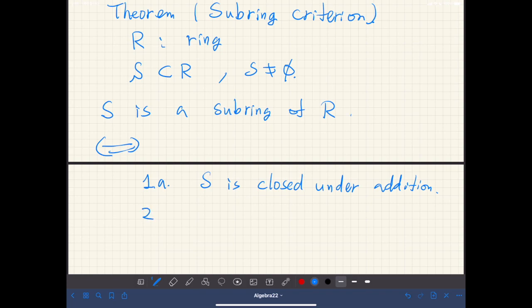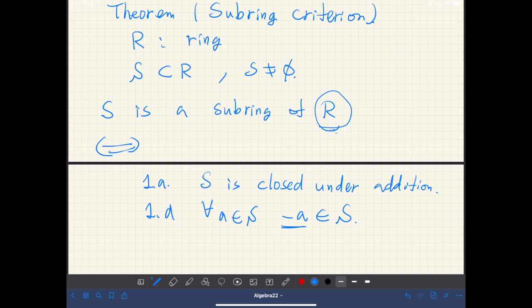And the second, maybe I should write 1.d: for all a in S, so for each element of S, its additive inverse within R is actually an element of S. This additive inverse of a is originally defined within R, so its existence within R is guaranteed.